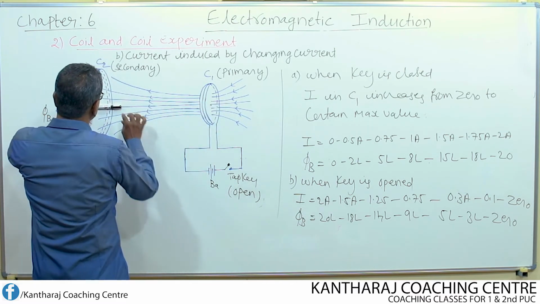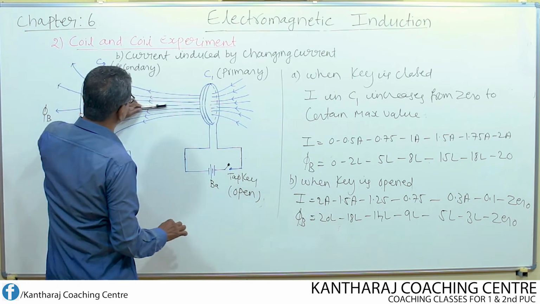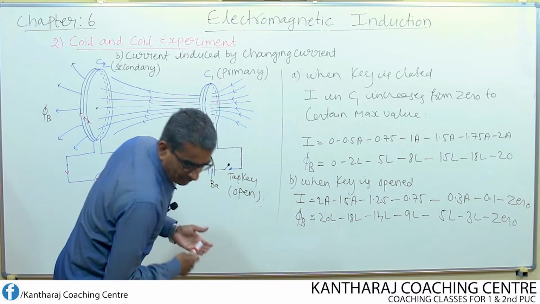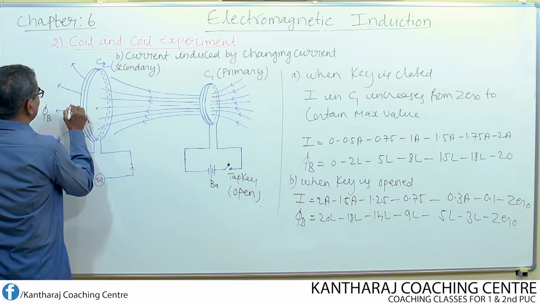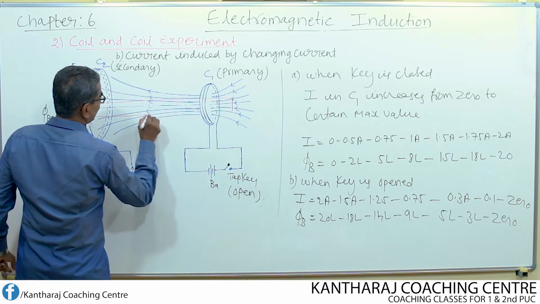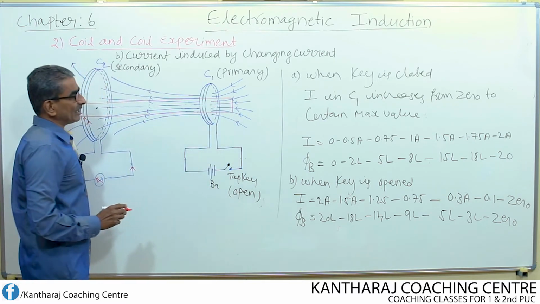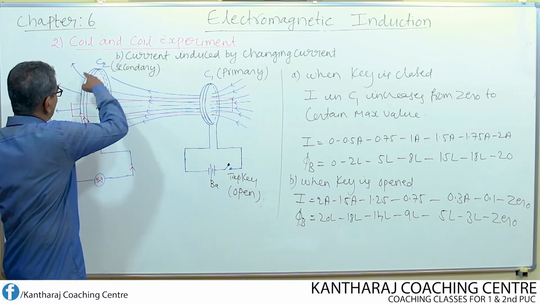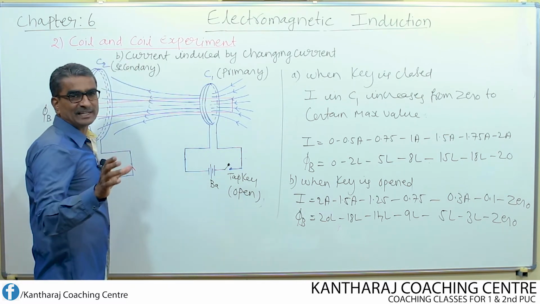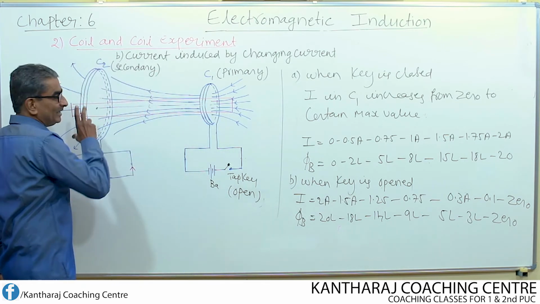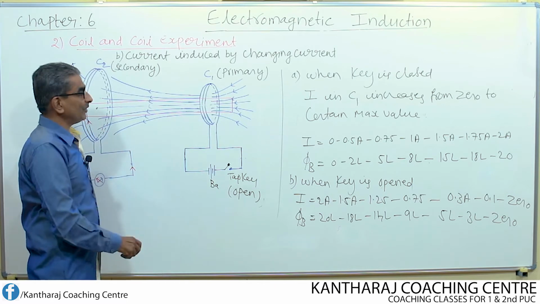Say for example, I am going to insert one iron rod through both the coils like this. If I insert the iron rod through both the coils, then the magnetic flux linking with the secondary changes in an increasing manner, thereby inducing a large EMF.